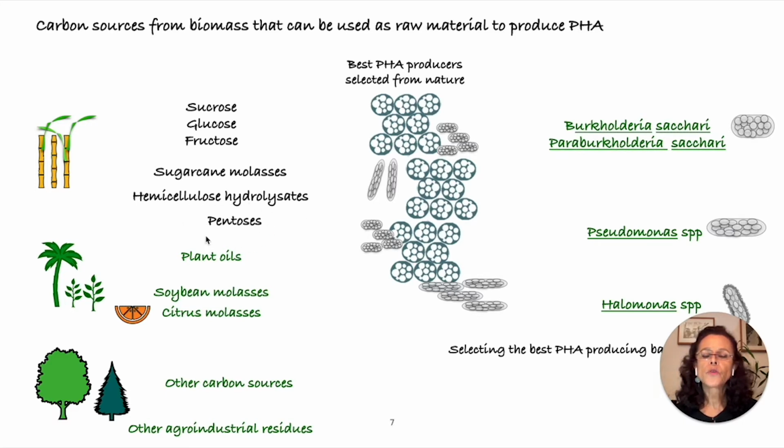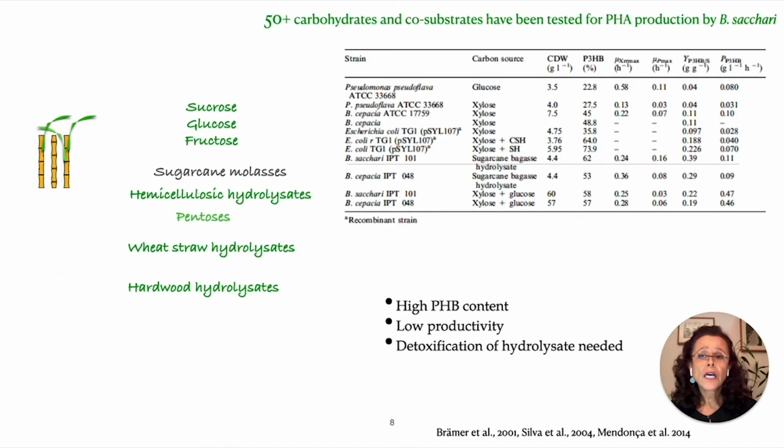And more recently, we have been studying the use of hemicellulosic hydrolysates, mainly pentoses and cellulose. This strain has been very efficient with these first substrates. And also when we tested with sugarcane bagasse hydrolysate, we have seen that the efficiency in converting substrate to product and the rate of growth were the best described in the literature.